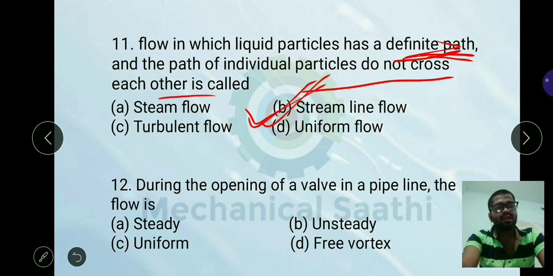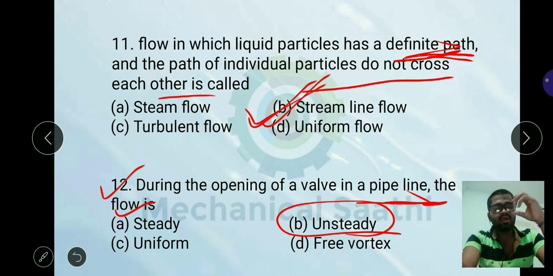Then question number 12, during the opening of a valve in a pipeline, the flow is what? Unsteady. From time to time, during the opening of the valve, the flow will not be uniform. The flow will increase depending on the time, so option B will be correct, that is unsteady.